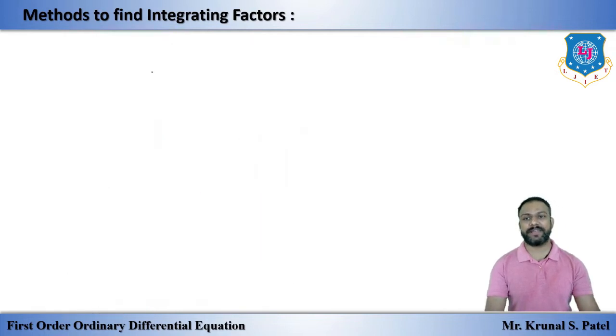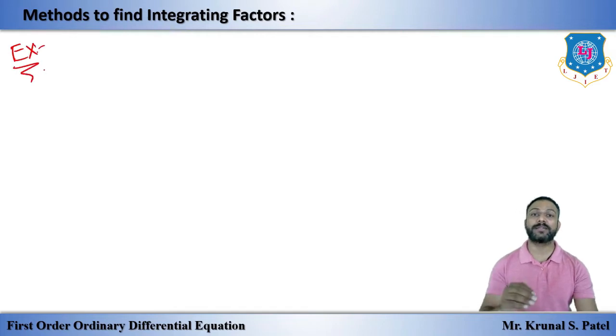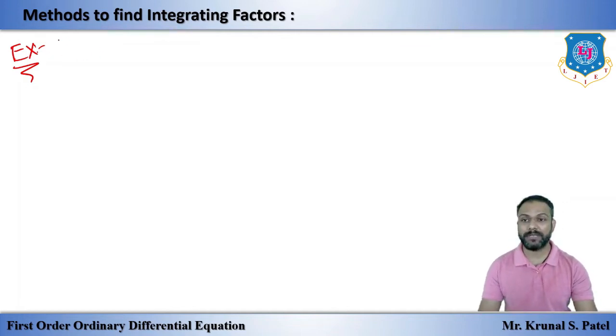Okay, in a similar way, I'm just taking one more example, so you can understand method number 4, that means how multiplying by minus 1 by M will give the answer. So we have one example.